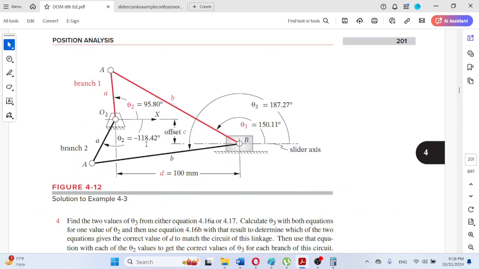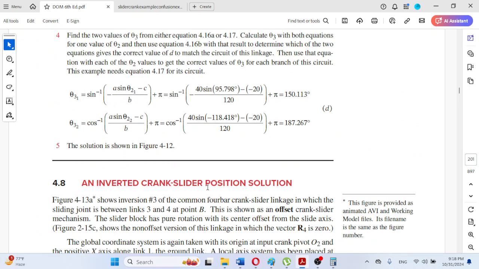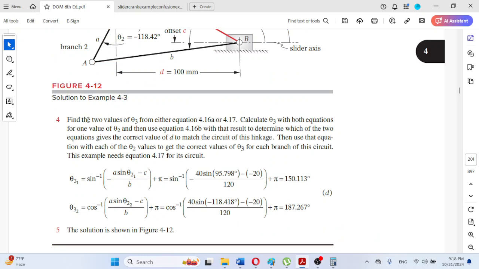So what the author states is to find the two values of theta 3 from either equation 4.16a or 4.17. First, let us see what these equations are.